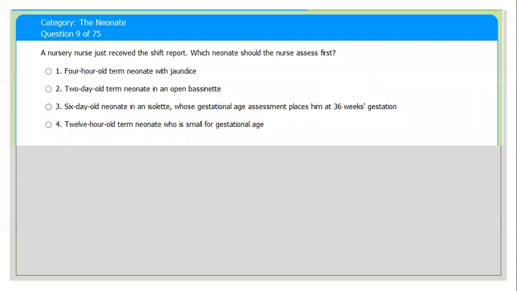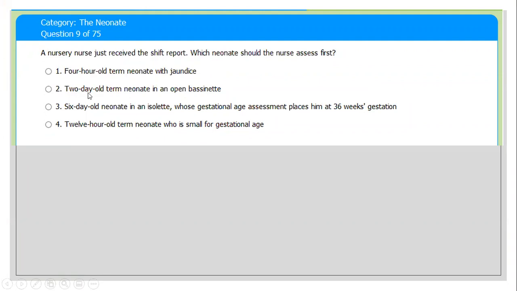Next question. A nurse is just receiving the shift report. Which unit should the nurse go to for assessment first? Number 1, a 4-hour-old neonate with jaundice.